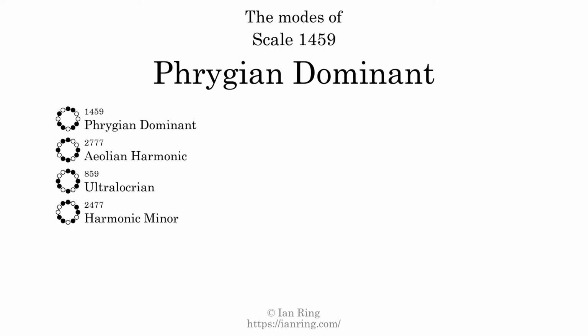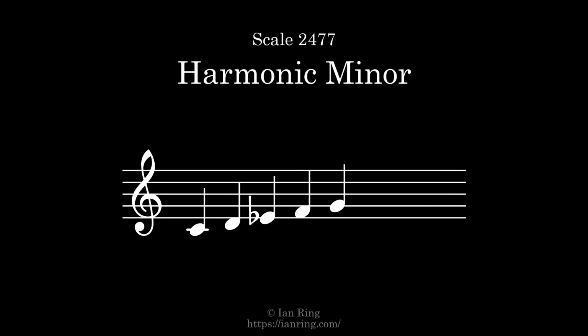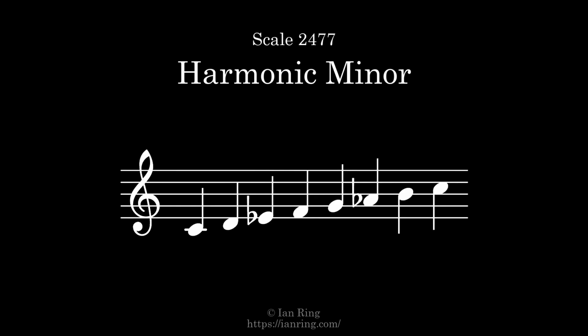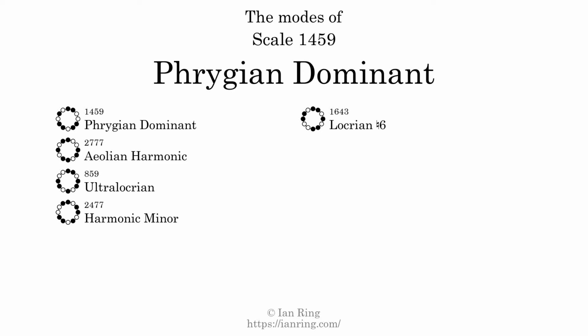The fourth mode is scale 2477, also known as Harmonic Minor. It sounds like this. The fifth mode is scale 1643, also known as Locrian Natural 6. It sounds like this.